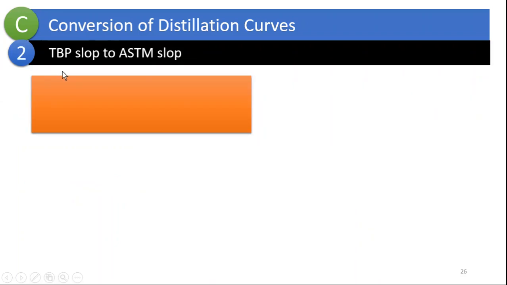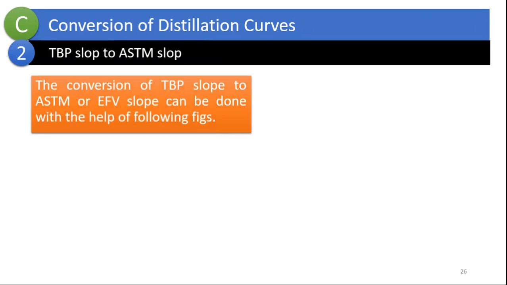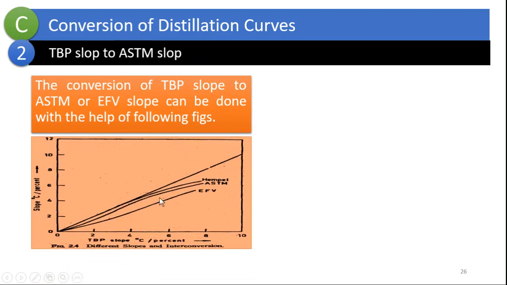The second is related to the conversion of the TBP slope into the ASTM slope. Now you have calculated the TBP slope. How can you convert it? The first method is the graphical method. For example, in this graph the x-axis is the TBP slope. If you know the value of the TBP slope, you can find the y value with the help of the EFV curves, the slope of EFV, and the ASTM, and so on.